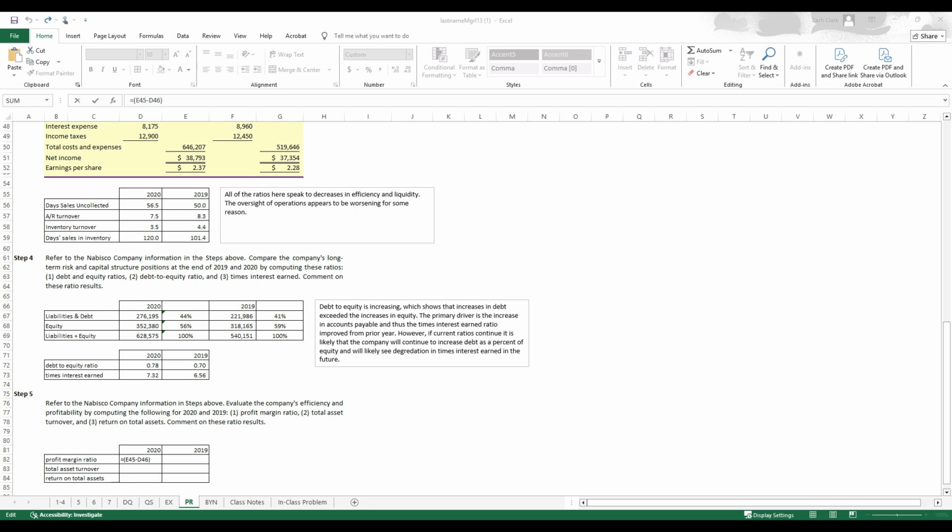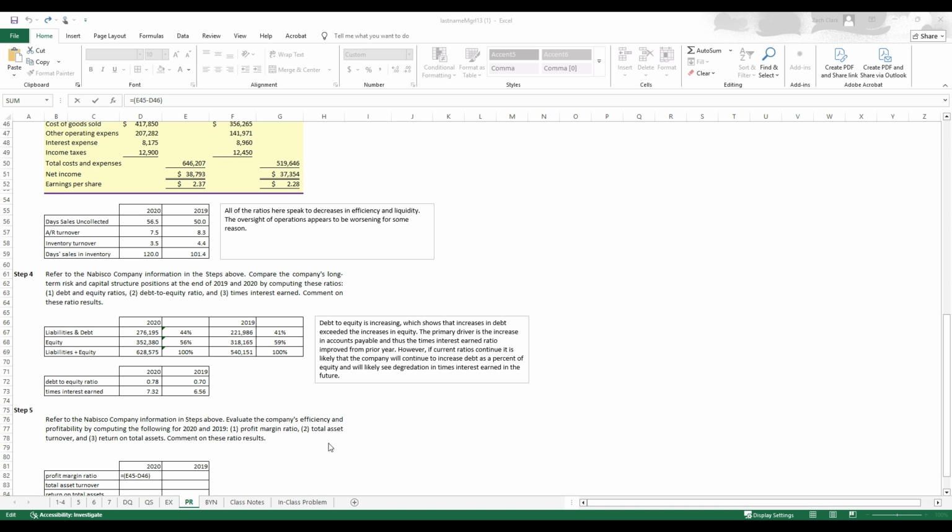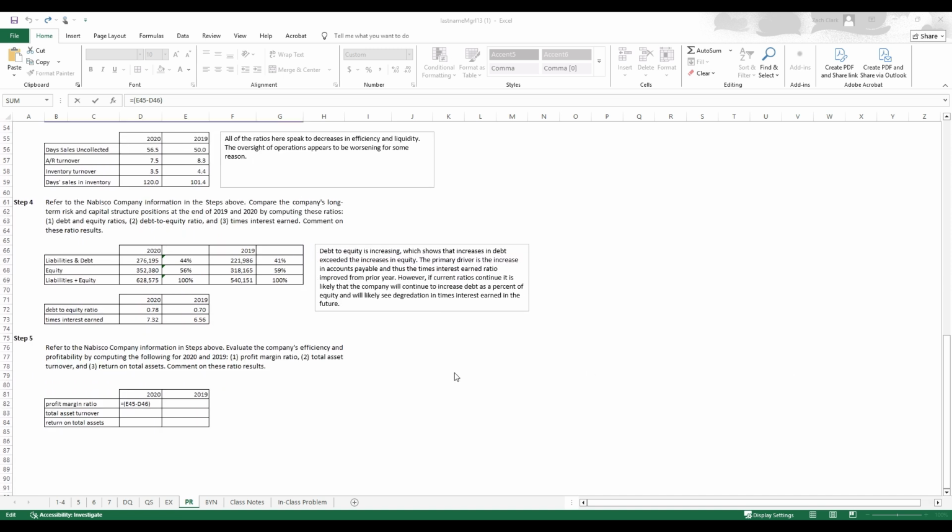My answer is not agreeing to the answer key as I'm looking at this, but so sorry, we're doing profit margin. That's why I'm a dummy. That's gross margin ratio.